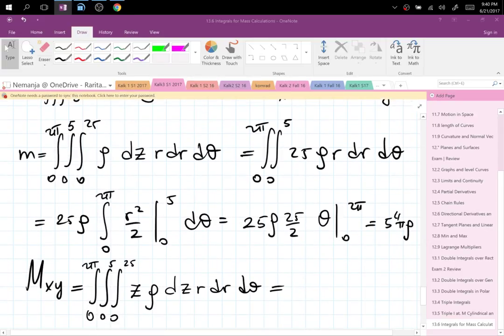I hope you see that we are using cylindrical coordinates because the x squared plus y squared, you really don't want to integrate that using, you could, but you don't want to. You don't want to use the trig substitution for that, so that's why we switch and make it easier in cylindrical coordinates.